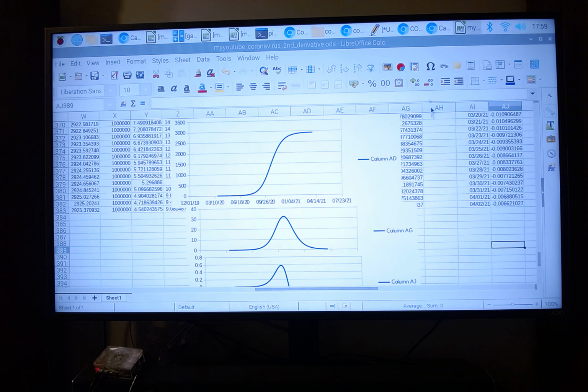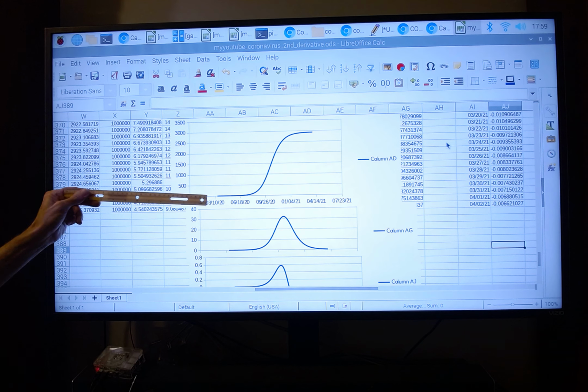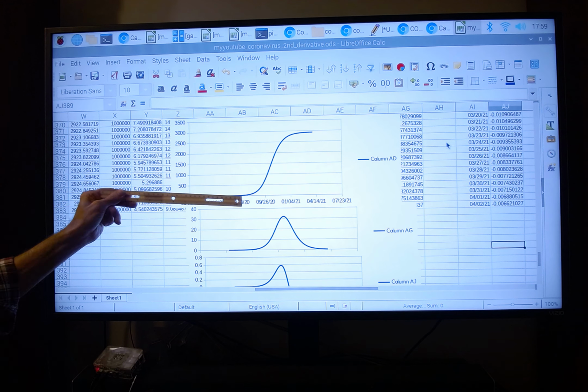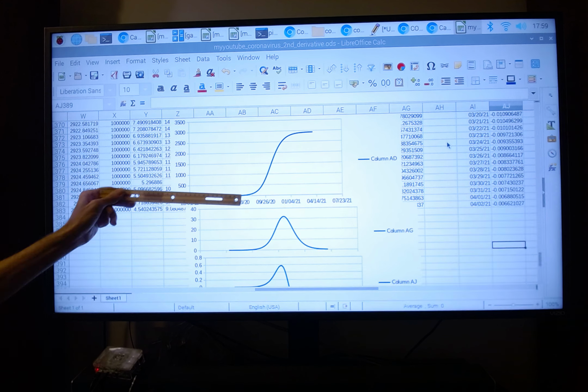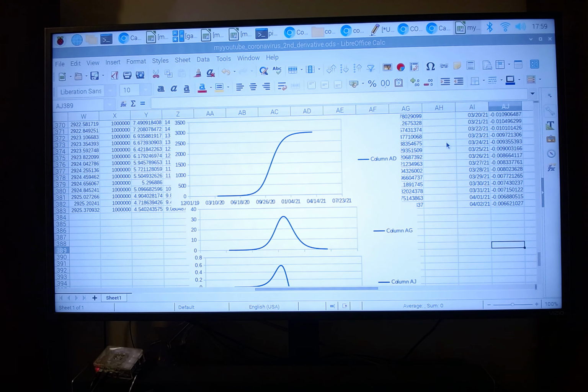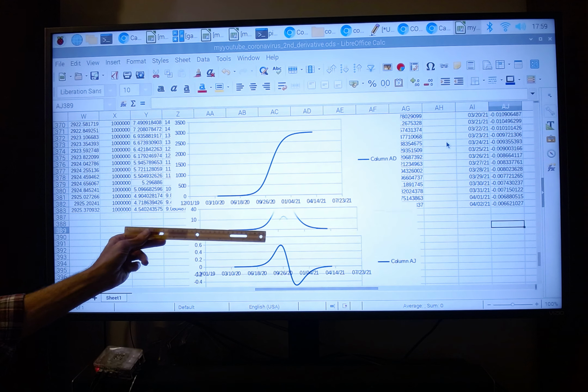This is that spreadsheet from last time. That's the shape of a kind of an idealized cumulative deaths. That's the first derivative, and then there's the second derivative.